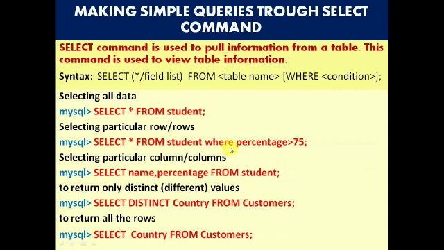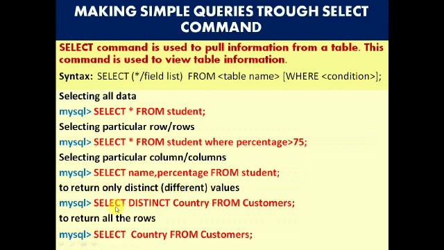Where is used to filter the records, and after select, by specifying the column name you can select specific columns. Now coming to the next option, we can use the distinct keyword also with select. Distinct reduces redundancy, meaning using distinct you can remove repeated values.